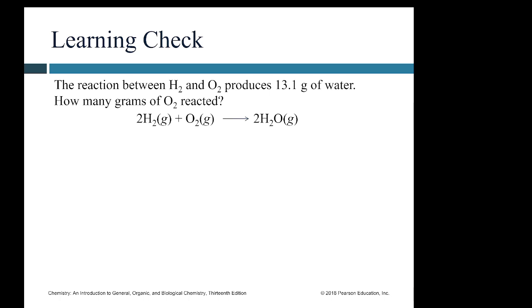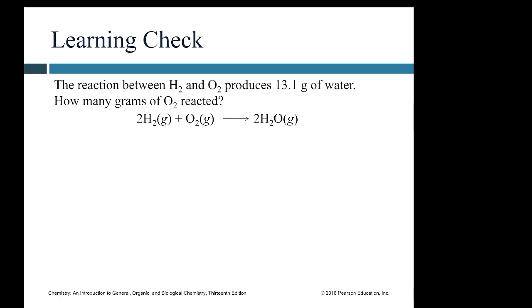All right, so our grams of water here, first thing we need to do is what? Yeah, molar mass of water, right? And then what's the next step? The mole to mole ratio? Okay, yep, mole to mole ratio, that'd be great.